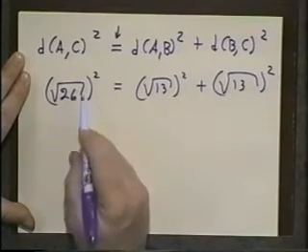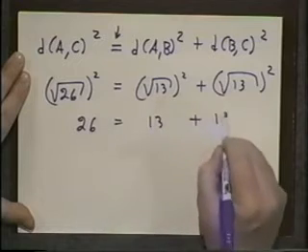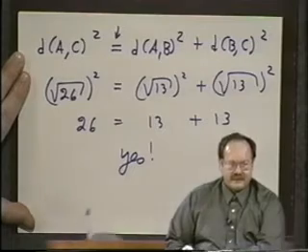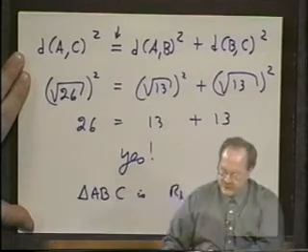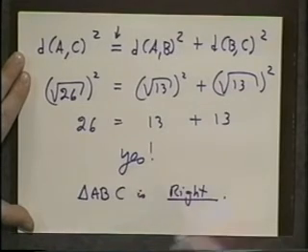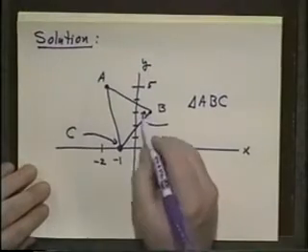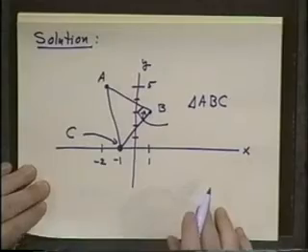And when you square a square root, of course, you get the number. So 26 equals 13 plus 13. Yes. Yes what? Yes, triangle ABC is a right triangle. And the right angle, to bring the picture back, is exactly the angle we suspected. The right angle is sitting at B.